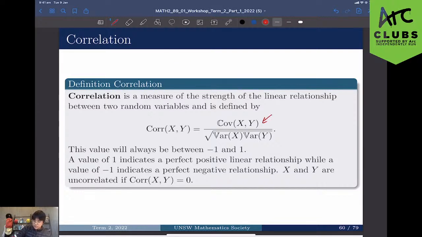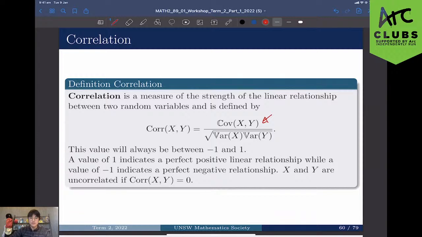We have covariance here, and this value is always going to be between 1 and minus 1. If the correlation is 1, that means we have a perfect positive linear relationship, while a value of minus 1 indicates a perfect negative relationship.